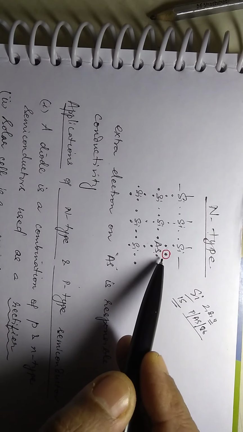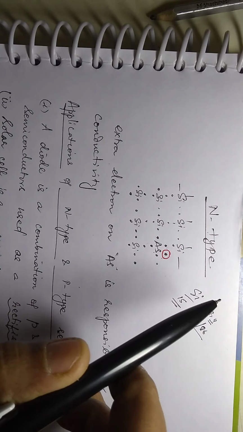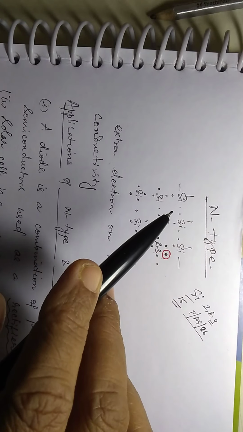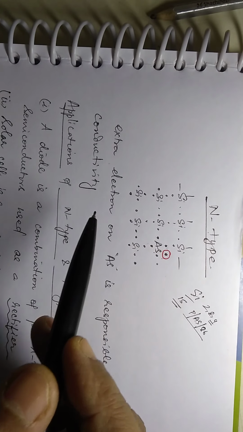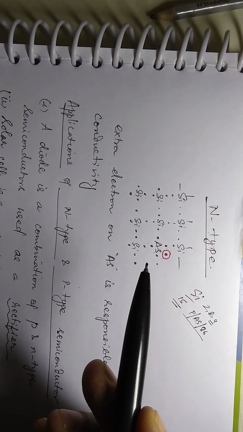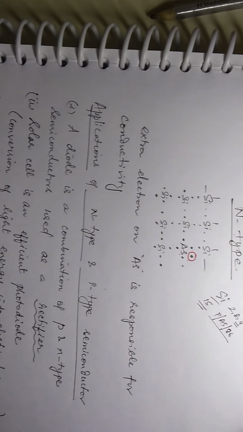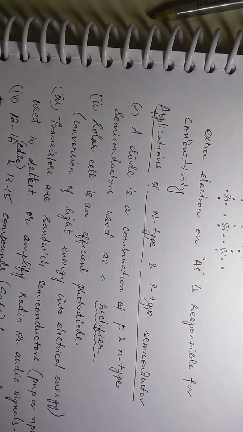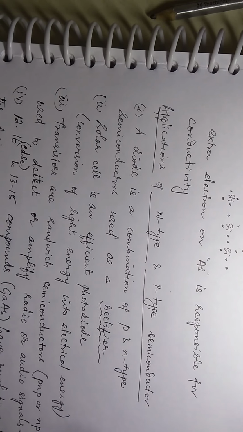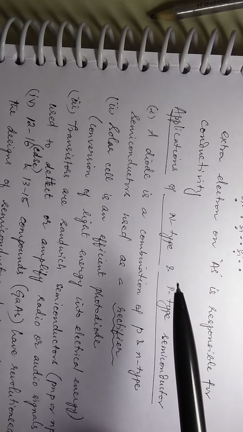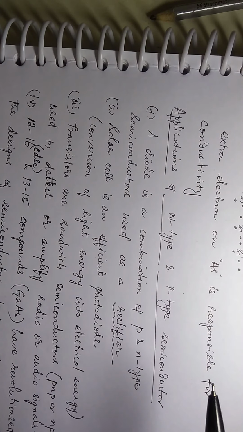N-type is due to extra electrons of the impurity atom, whereas in p-type the conductivity is due to holes, electron holes, right? Now what are the applications of N-type and p-type semiconductors? They are used as a diode. Now what is a diode?